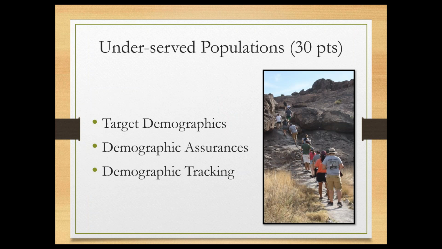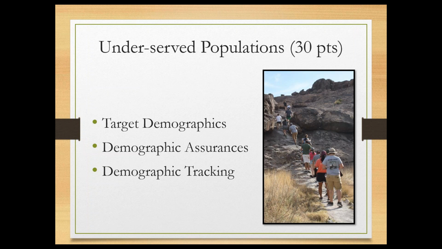The next scoring criteria is for underserved populations. This has a total of 30 points associated with it. Because there's 30 out of 100 points for this particular area, it's important to know that this is a really important section, and it really speaks back to the primary purpose of this grant program.